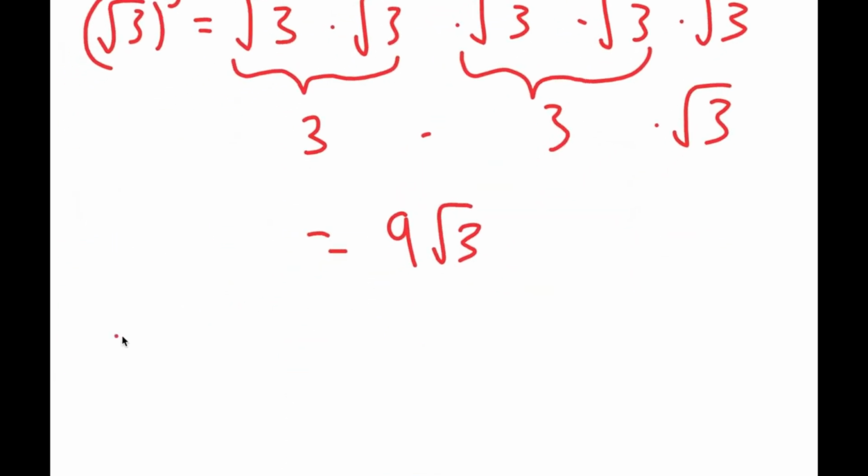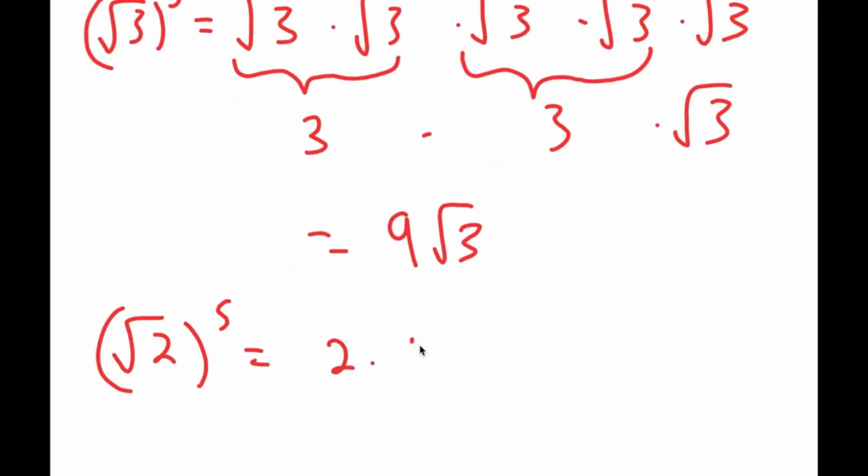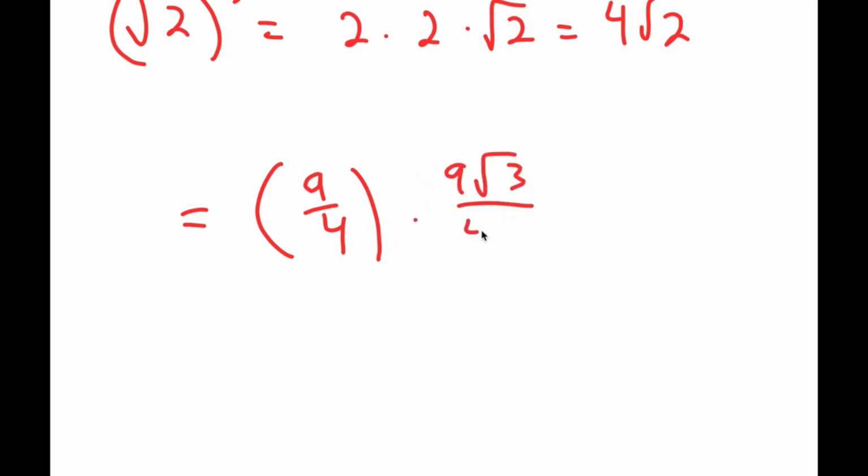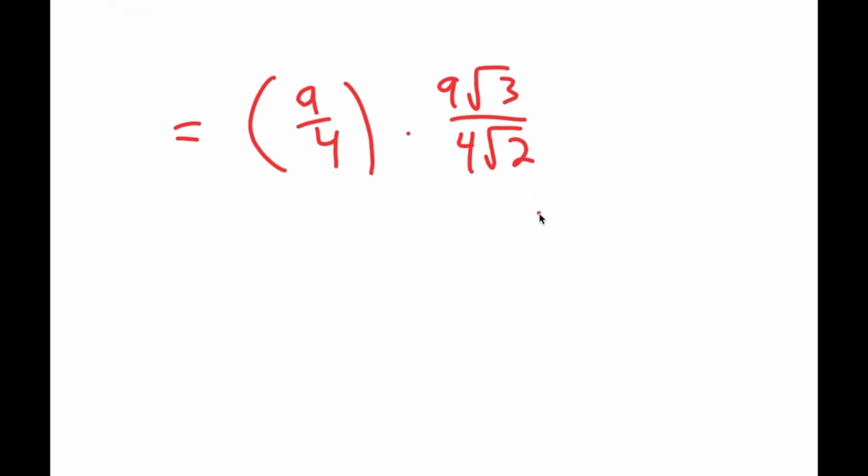And for the square root of 2 to the power of 5, it's the same thing. It's going to be 2 times 2 times the square root of 2, which is equal to 4 root 2. So now I get 9/4 times 9 root 3 over 4 root 2.